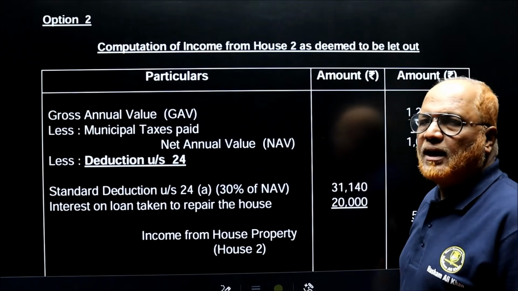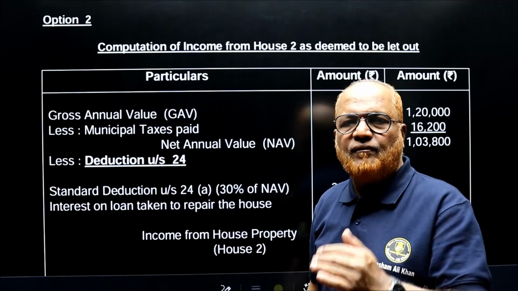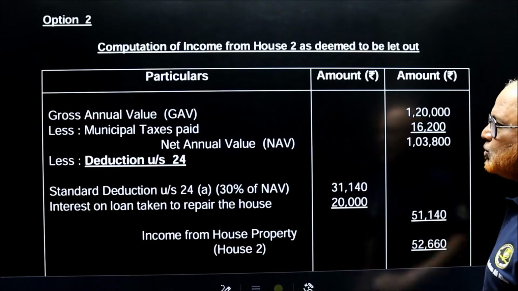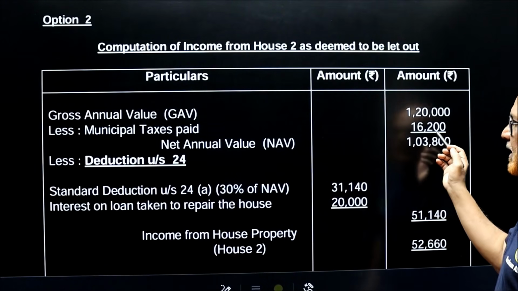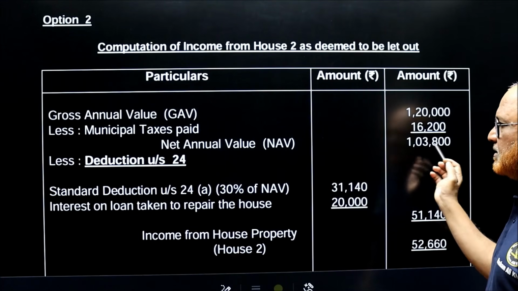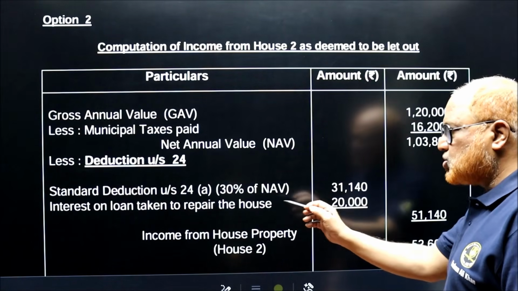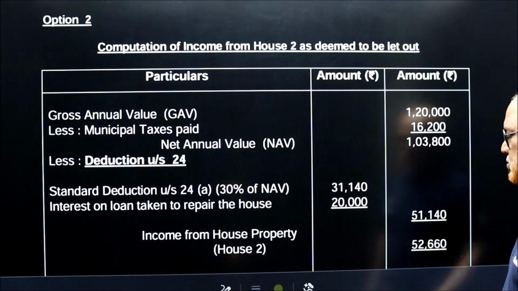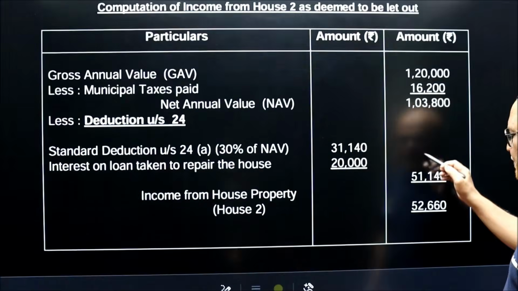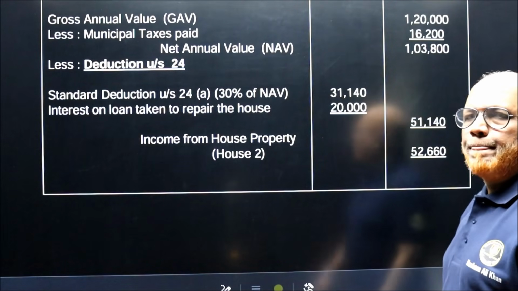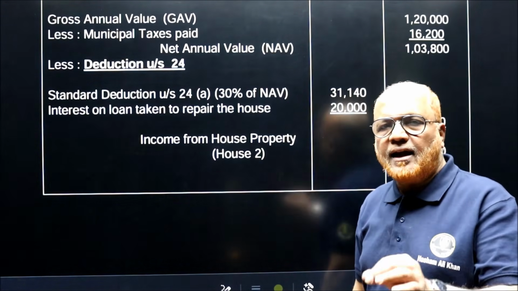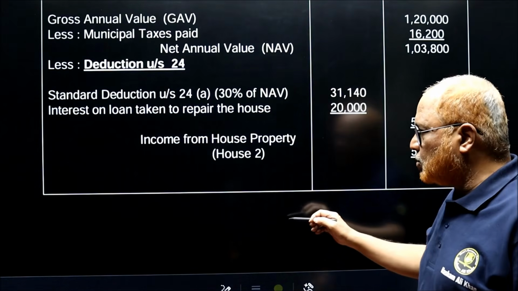Gross annual value, again we will take the MRV, FRV, whichever is higher, that is 1,20,000. Municipal taxes paid allowed, NAV 1,03,800. Standard deduction 30% of NAV 31,140. Interest on loan taken to repair the house 20,000. So 52,600 is the income from second house, which is treated as deemed to be let out.